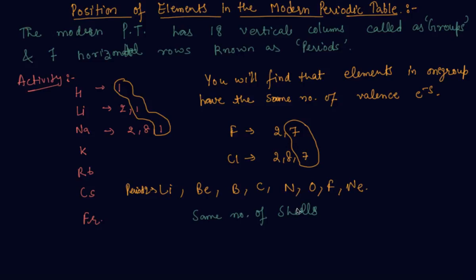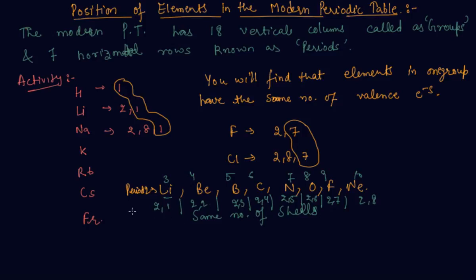On moving from left to right, the atomic number increases: 3, 4, 5, 6, 7, 8, 9, 10. The electronic configurations are 2, 1 for lithium, 2, 2, 2, 3, 2, 4, nitrogen 2, 5, oxygen 2, 6, fluorine 2, 7, and neon 2, 8.